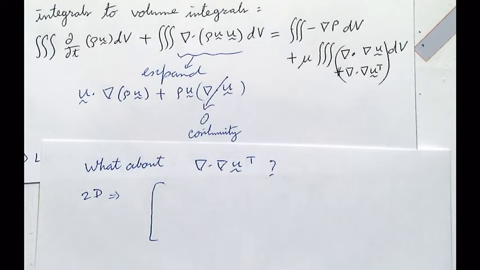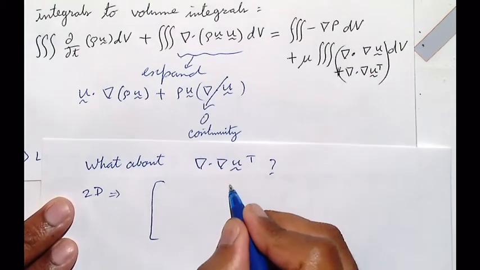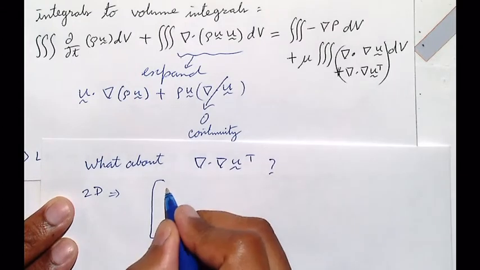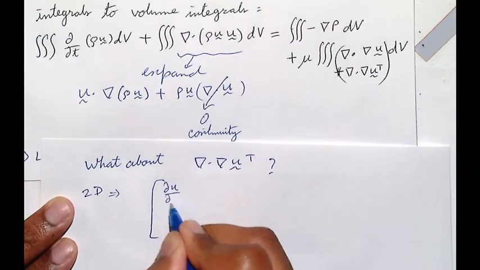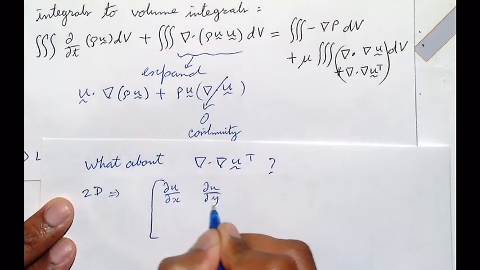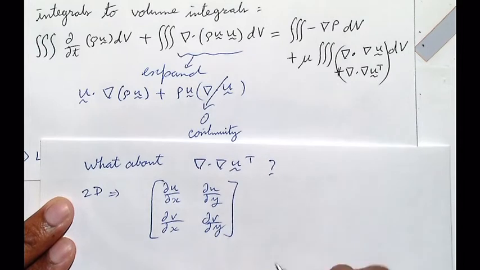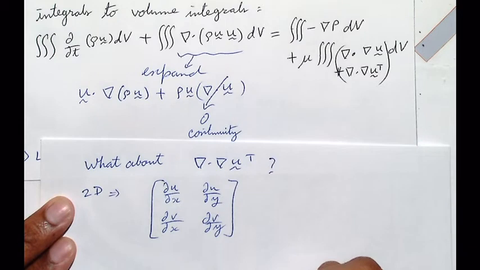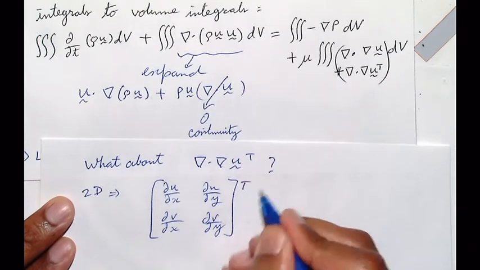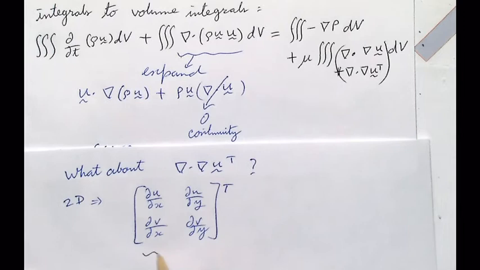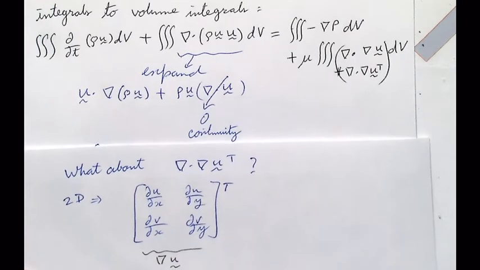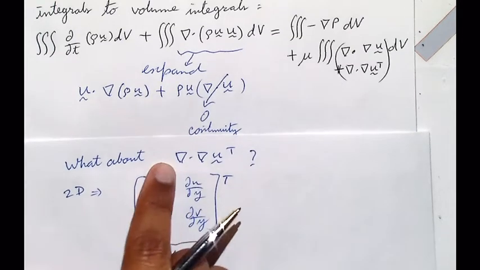Del by del x and del by del y would be the column vector, and there would be u and v in another row vector. And u would be the velocity vector. So we transpose this, right? So this is nabla u. Then dot with nabla. How do we do that?